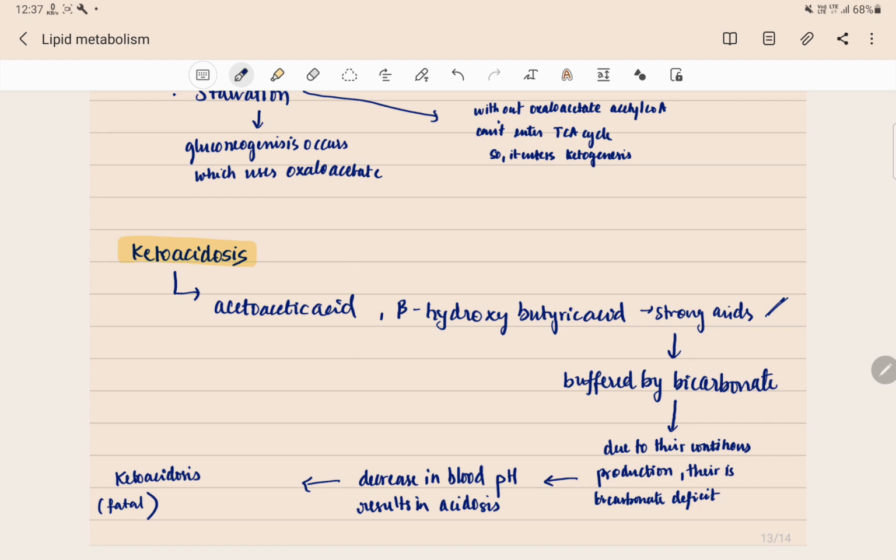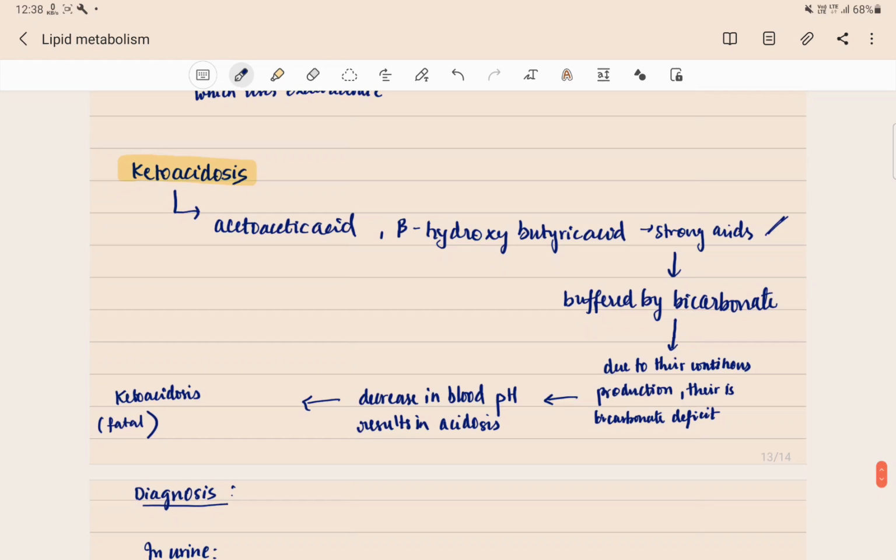If all the bicarbonates are used for these keto acids, because of their continued production, bicarbonates become deficient. This reduces blood bicarbonates and causes a decrease in blood pH, resulting in acidic blood, which is acidosis due to ketones.